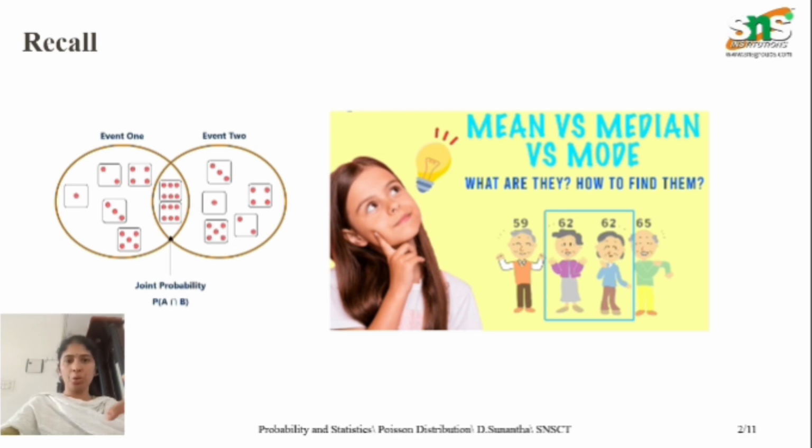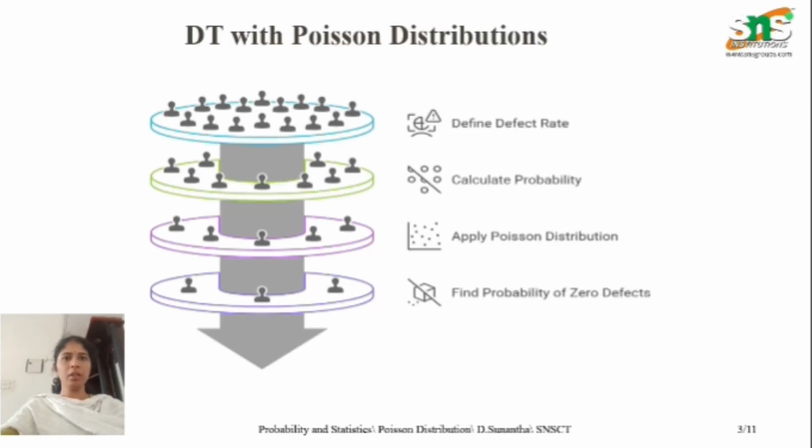Like that, we need to know what is mean, median, and mode. So here is the outline of Poisson distribution: first define the defect rate, calculate probability, apply Poisson distribution, and next find the probability of zero defect.